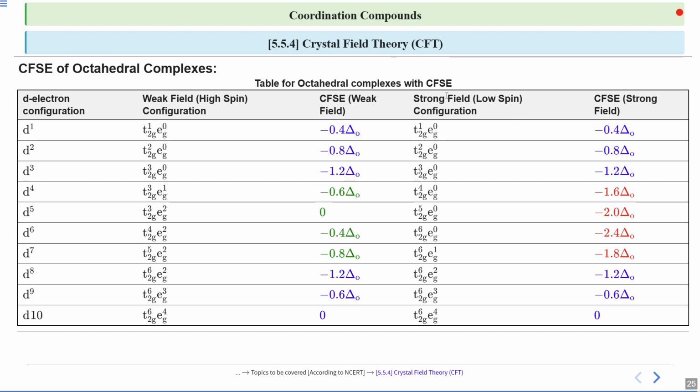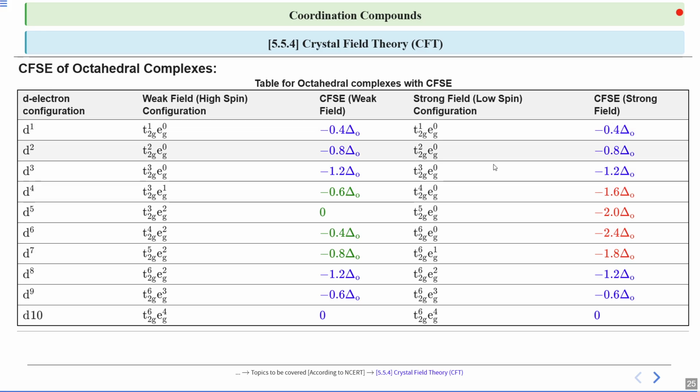And if the strong field is there for the low spin configuration, what will be the configuration and their corresponding CFSE for the strong field? So you can see for the d1, we have t2g1 eg0, for which the CFSE in the weak field is minus 0.4 delta naught. And for the strong field, t2g1 eg0 is the configuration for which CFSE is minus 0.4 delta naught.